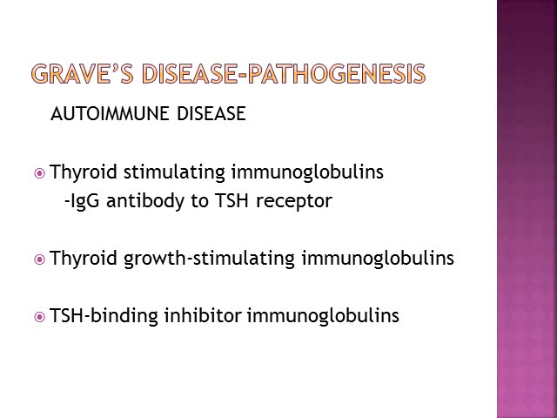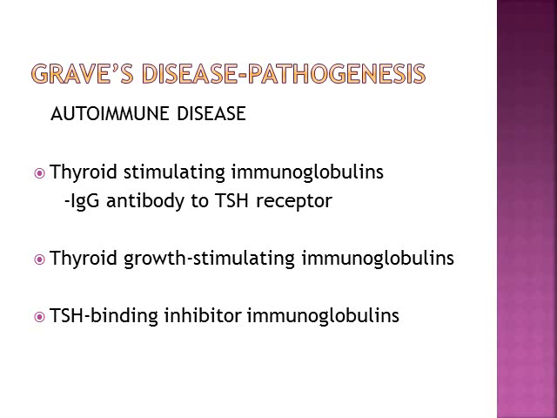All these three immunoglobulins function like thyroid stimulating hormone; they stimulate the thyroid for proliferation and secretion of T3 and T4. That is why some patients of Graves' disease can have hyperthyroidism, with some episodes of hypothyroidism also.